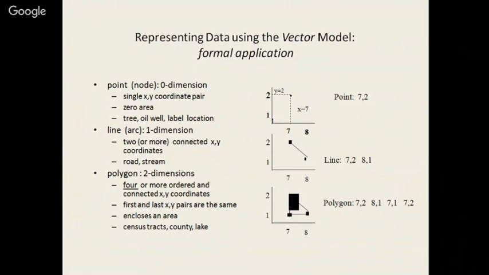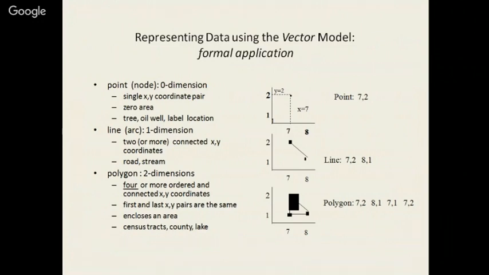So, representing data using a vector model. We classify things as points, lines and polygons, representing reality in these forms. A point is a zero-dimensional single xy coordinate pair, and it doesn't have any area.